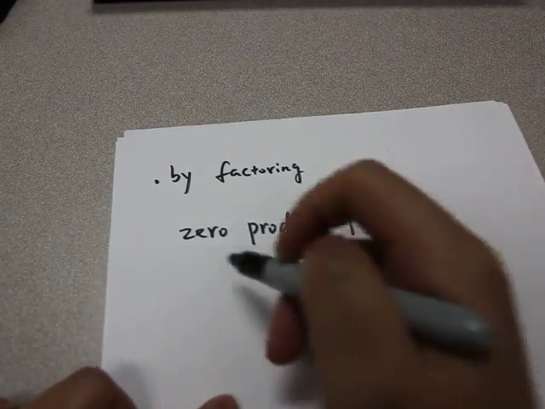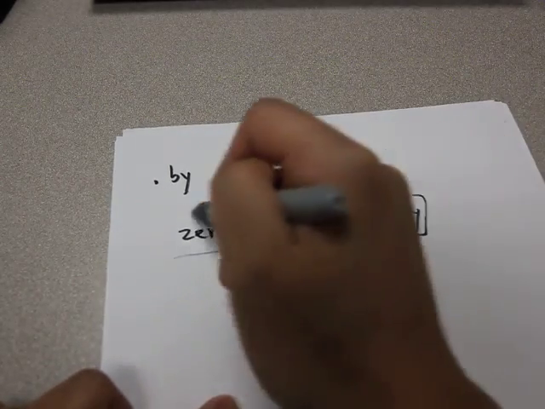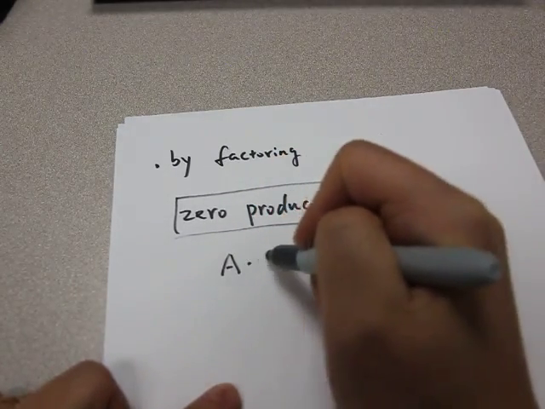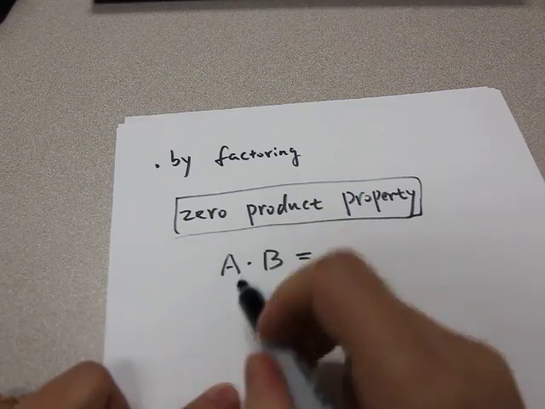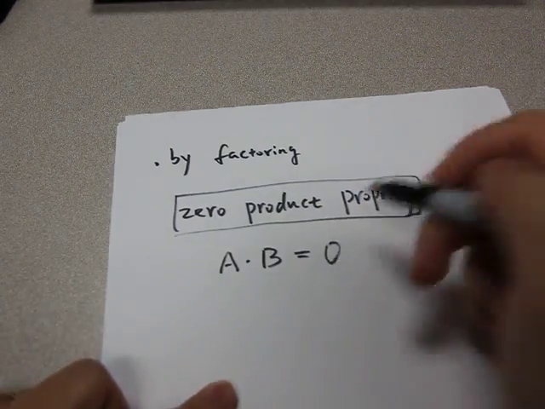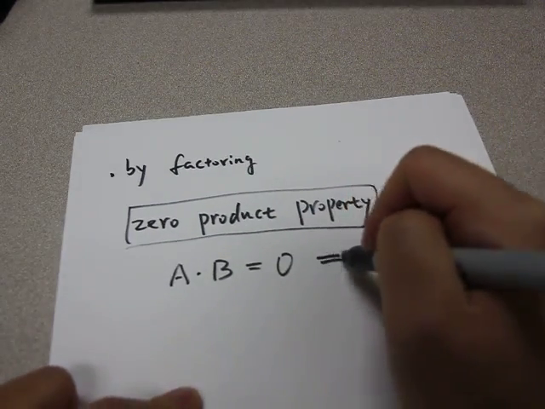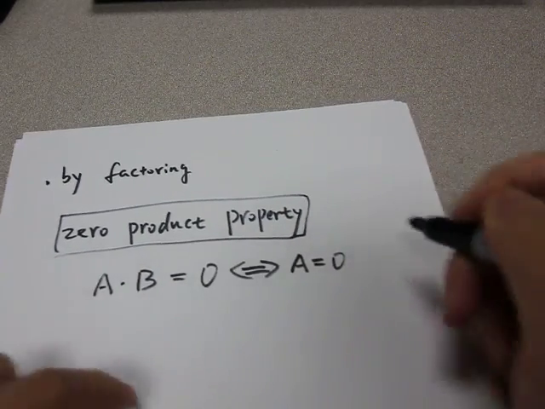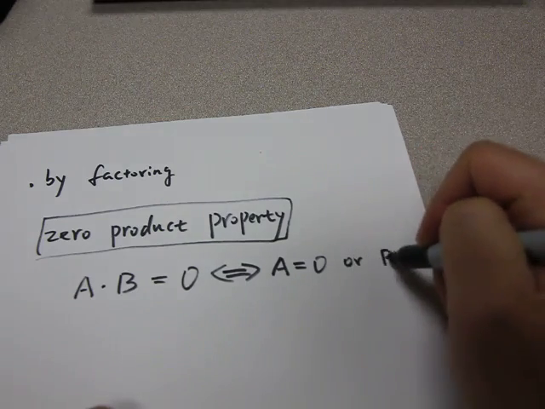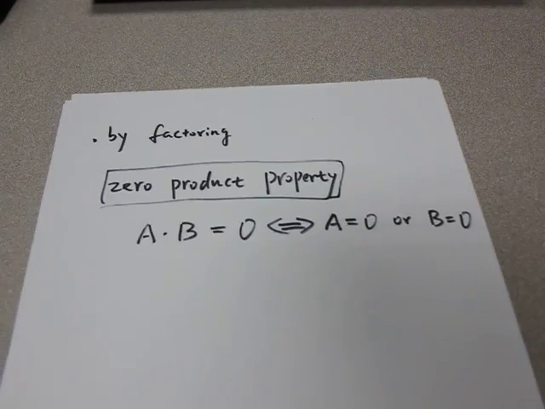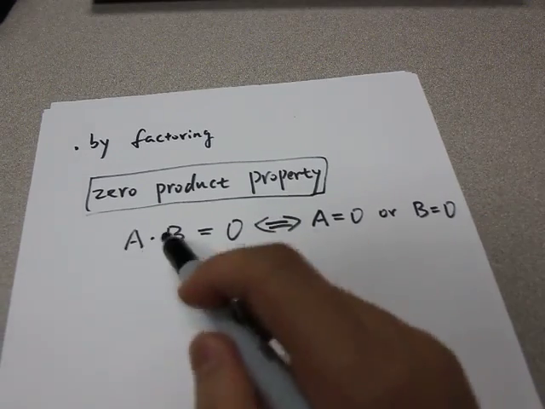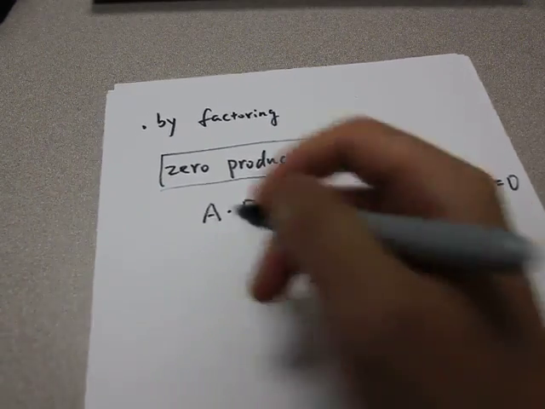This property says if we have a product of two things, A and B, and if this product is 0, that means A is 0 or B is 0. Right? Because if one of them is 0, then this product must be 0.